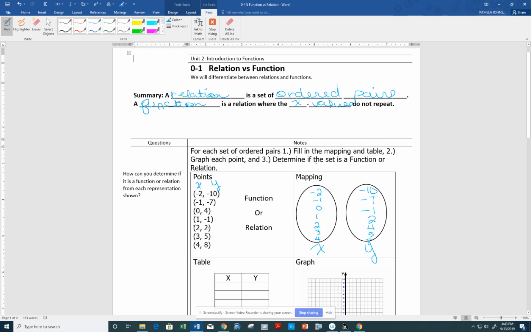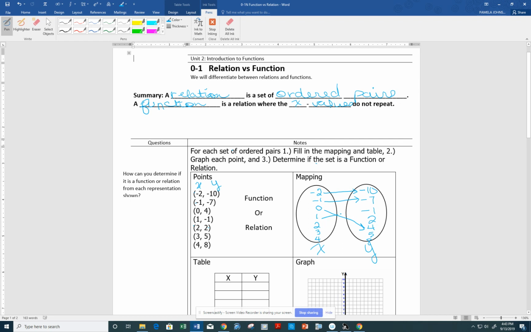Okay. And then the last step on a mapping is we're going to draw a little arrow from the X value to its corresponding Y value. Now you did this in 8th grade. This is something that you learned back then. So the 0 is going to go down here to the 4.